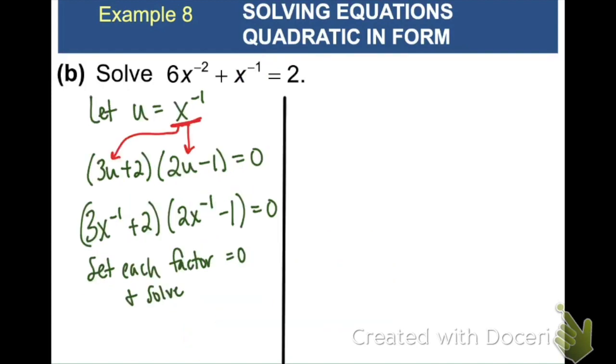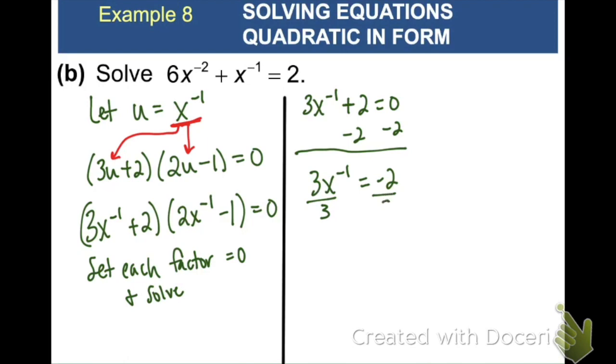I'm going to start with setting the left one equal to 0 and solving. Move your 2 over, and then divide by 3 to get x alone. And now again, we're trying to get rid of this exponent on x. So we're going to raise it to a power that when you multiply those two exponents, you just get a +1.